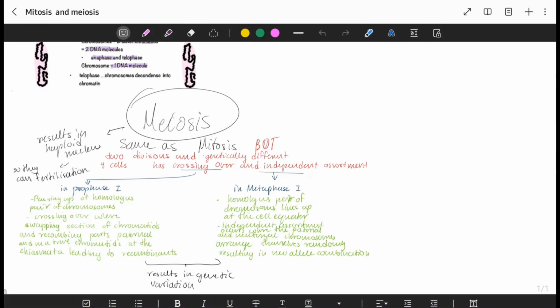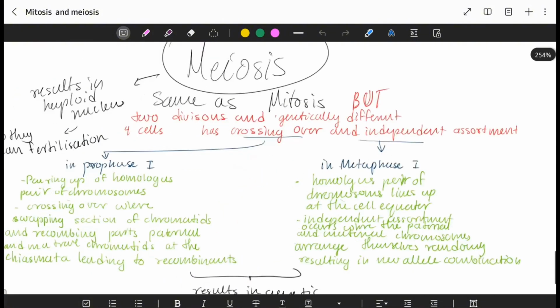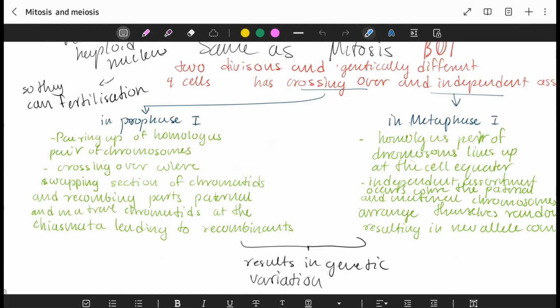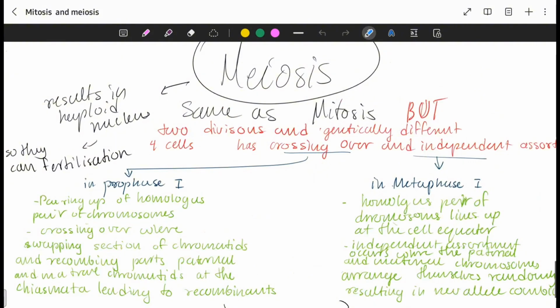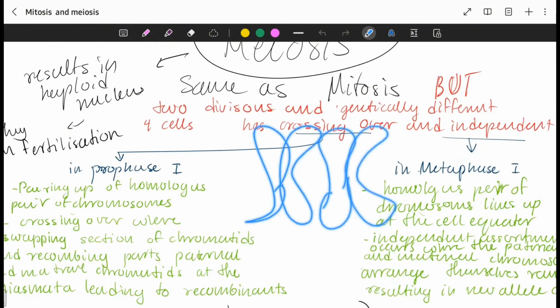So in prophase 1 and metaphase 1, let's see what happens to create the genetic variation. Basically the homologous pair of chromosomes will pair up. It's going to be like this: one chromosome, two chromosomes. My chromosomes don't look like chromosomes, but yeah, these are chromosomes.